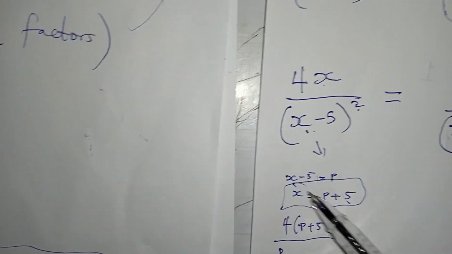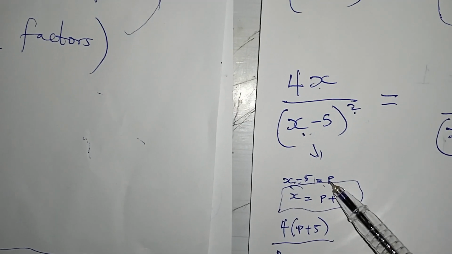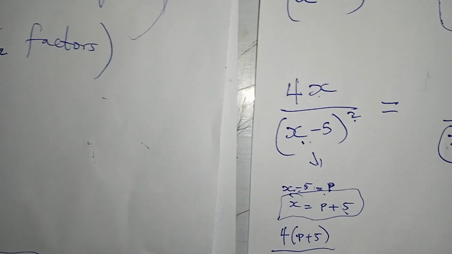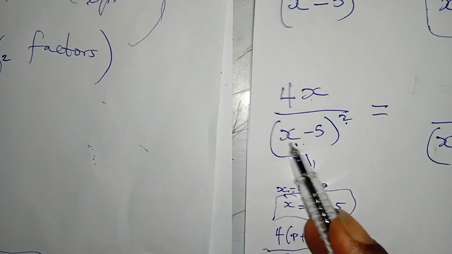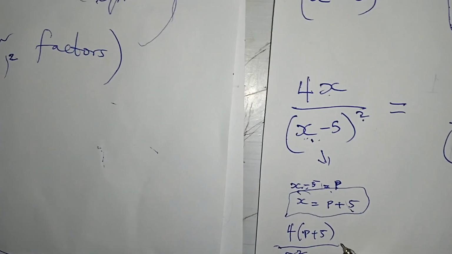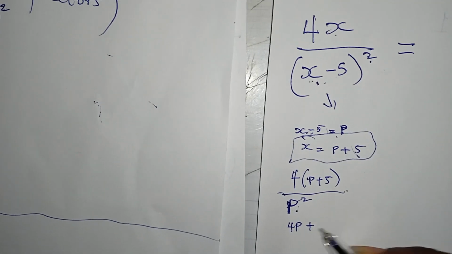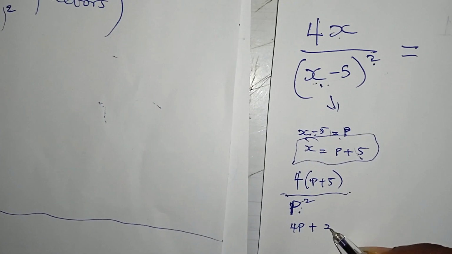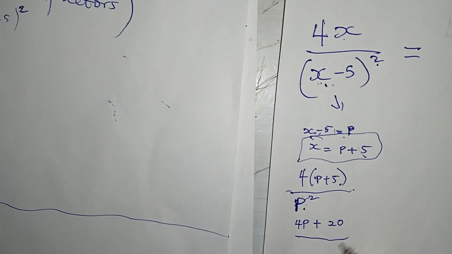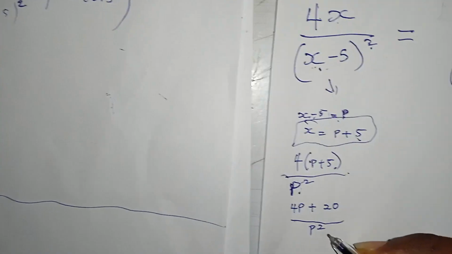I could have said p plus 5, then minus 5. But notice that x minus 5 is already equal to p. Are you seeing it? So let's just say all over p squared, which means everything here goes to power 2. So that is 4p plus 20, that is 4 into this plus 5, which gives 20, all over p squared.